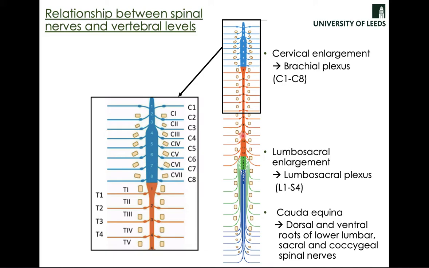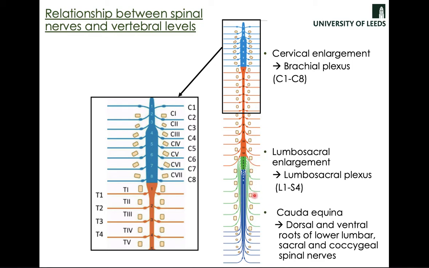In terms of our lumbosacral enlargement, well, you can predict why it's thicker as well. This is because we have those motor neurons arising from the cord that are going to innervate the lower limbs. So as part of this, emerging from this, we're going to have those nerves that form the lumbosacral plexus. And again, emerging from just the lower levels of the cord, we have those cauda equina nerves.